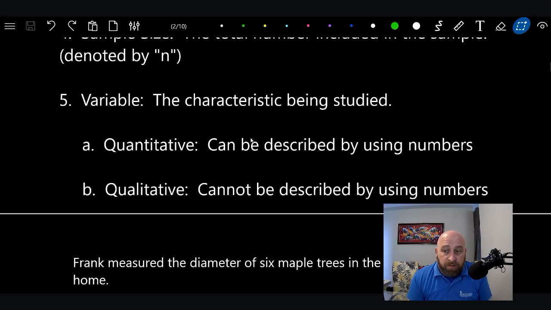It has to be described. It has to use words. So that's qualitative. And the way to remember this, quantitative sounds like quantity of something, or numbers. Qualitative sounds like the quality of something, or you'd have to use words to describe the quality of something. So you can kind of use those words to figure out what those two things mean.